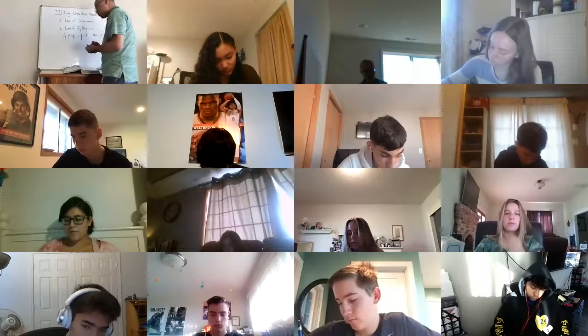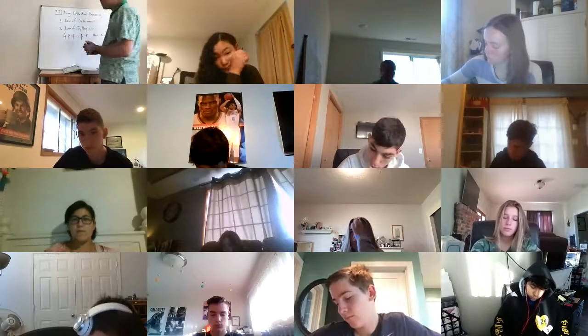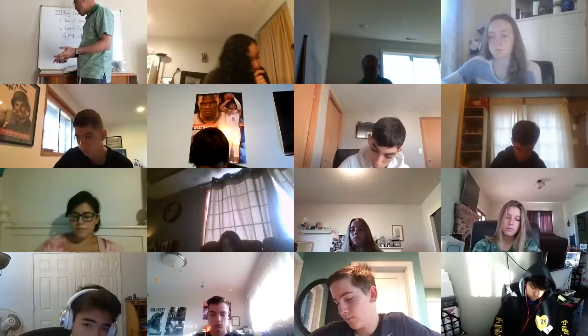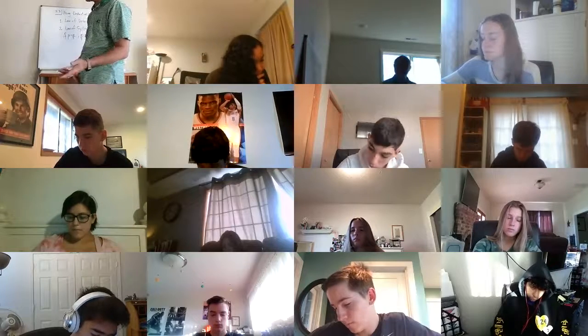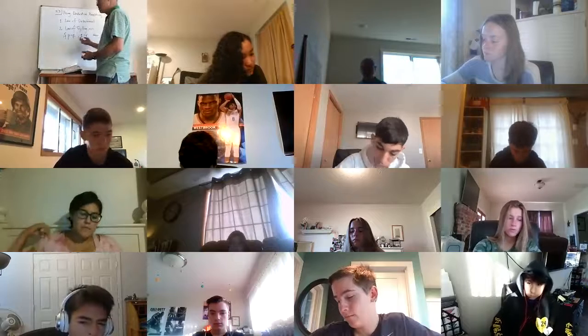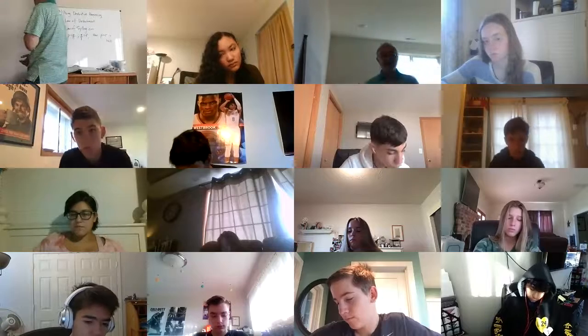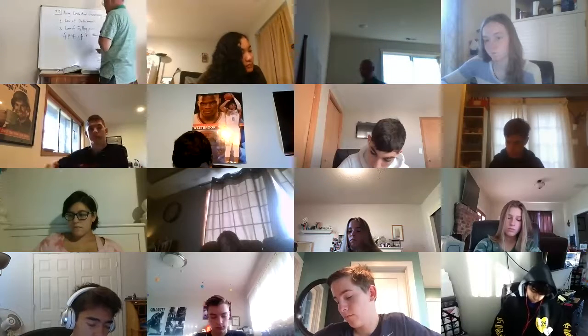So what does this remind you of? Have you seen anything like this in your prior math experience? Does this remind you of the transitive law? It's kind of like that.